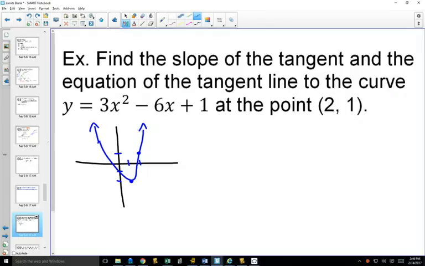Actually, I'm going to just redraw that more accurately. There we go. So this is our parabola. And what we're interested in finding is, at this point 2, 1, if we drew a tangent line, what would the slope be?